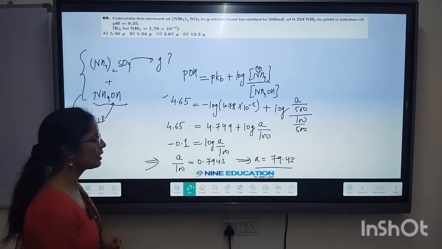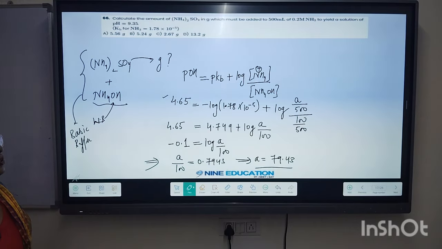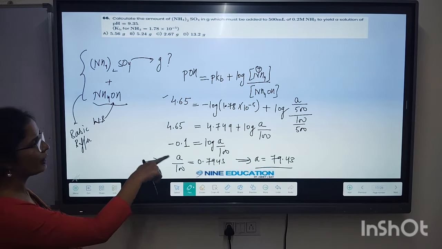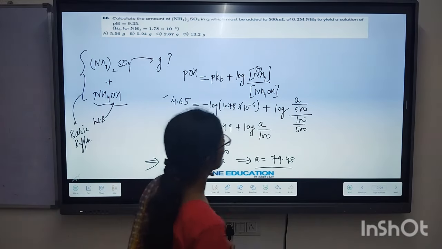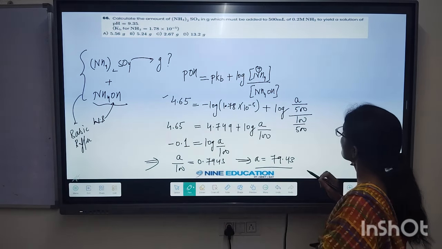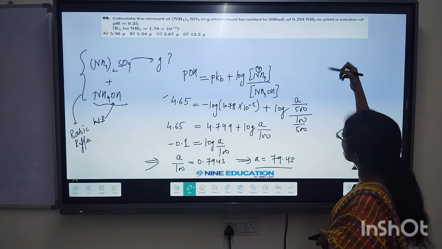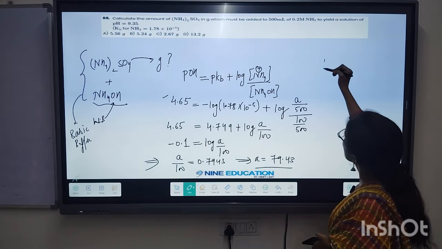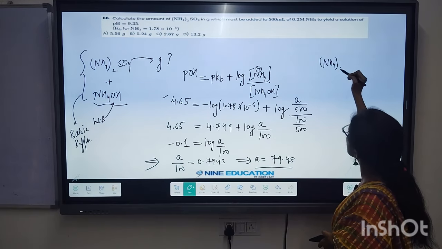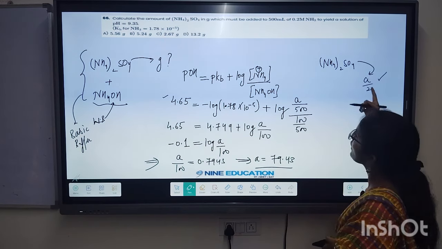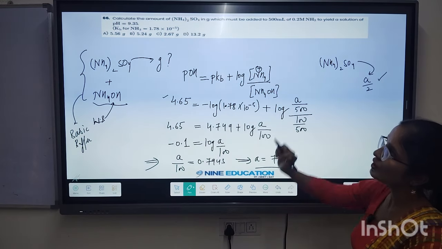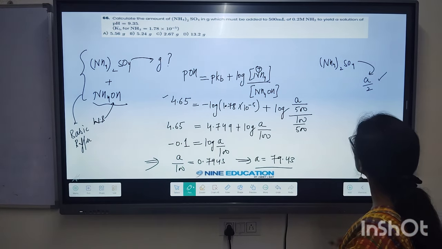Now you need to understand what A is. A is millimoles of NH4 positive, and if A is NH4 positive moles, then I can say that (NH4)2SO4 we should be taking A by 2 moles of that. So (NH4)2SO4 A by 2 millimoles should be taken, then only we'll be getting a solution which will be having pH equal to 9.35.